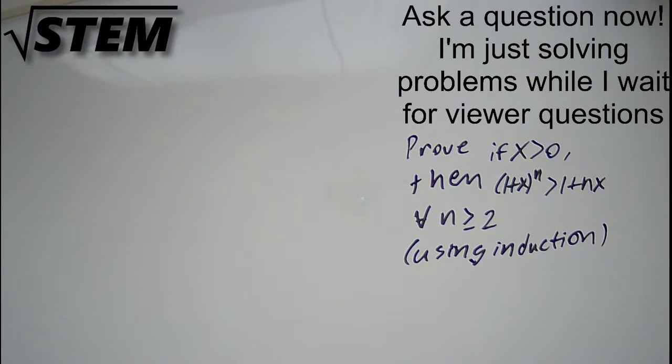So for induction, we need to show the basis case for the smallest possible number, and then we need to show that if it's true for one number, it's true for the next one. And those two pieces together will have a domino effect that says it's true for every number greater than that.